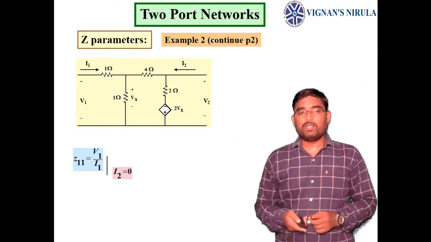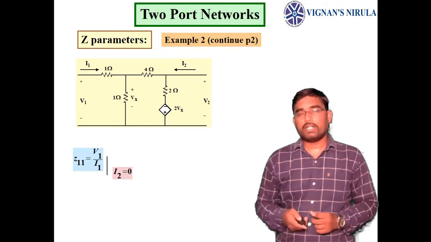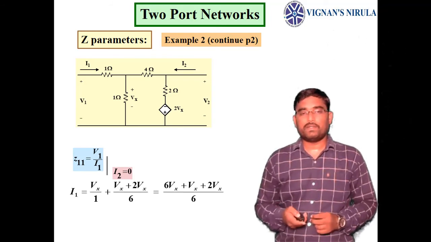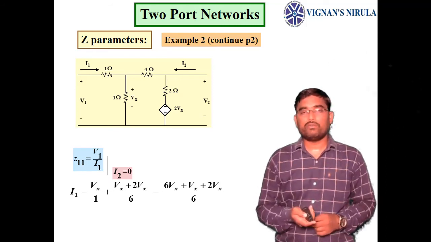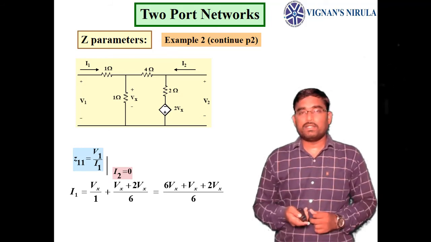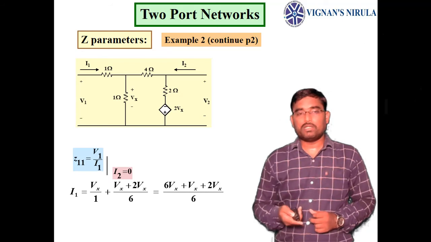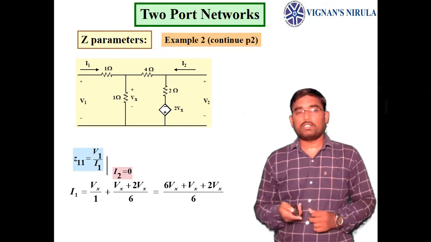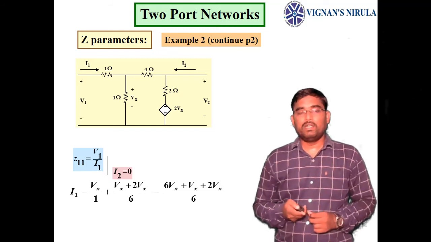See here, how to find Z11? Z11 is the ratio of V1 by I1 when I2 is 0. So making I2 as 0, I am applying KCL at the junction connecting 1 ohm, 1 ohm and 4 ohm. By applying KCL there, I1 equals Vx by 1, the current flowing through that 1 ohm, plus the current flowing through 4 ohms, which is Vx plus 2 Vx by 6.